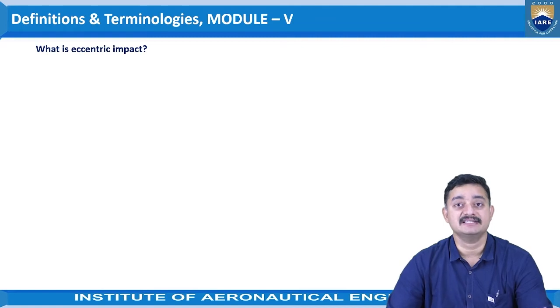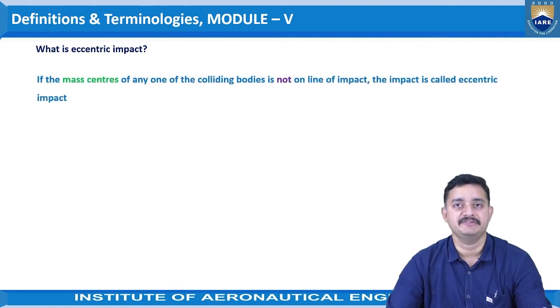Then what is eccentric impact? The definition says, if the mass center of one of the colliding bodies is not on the line of impact, the impact is called eccentric impact. The best example for this would be a ball getting hit by a cricket bat.